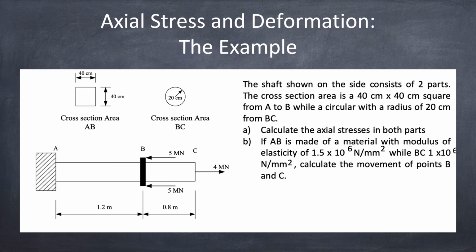And what is the movement? It's the movement of point B and the movement of point C. How much does it move? So let's continue. Don't forget that the equation for delta we have is for the change in length, not the movement of a point. So there must be a way to link them together.